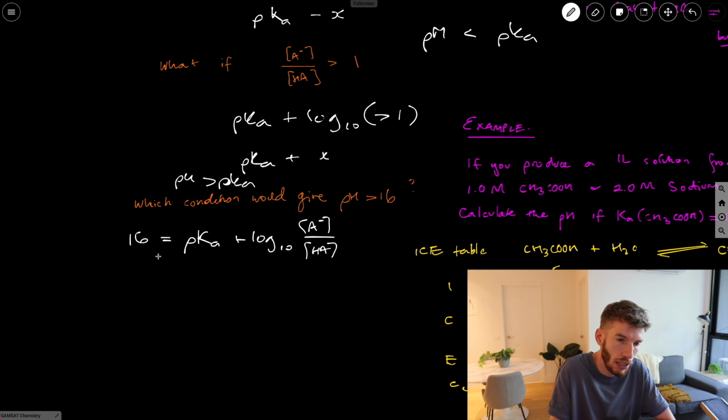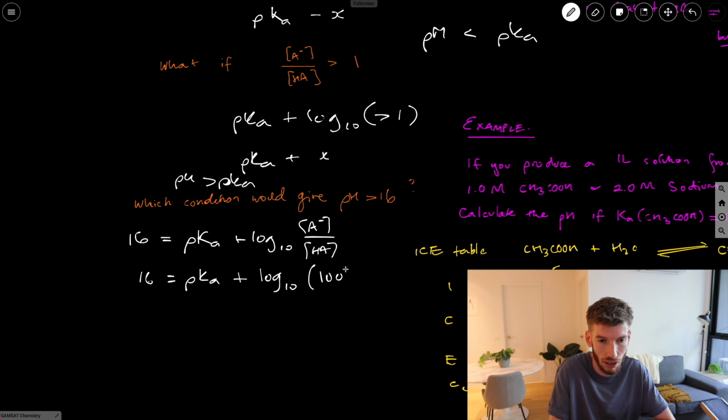Now remember, pKa's have to be under 14, right? So if this is under 14, then it means we have to be adding at least 2. So at least this has to be a log 10 of 100, right? Because that would be a 2, at least. It may be more, so that would mean greater than or equal to.